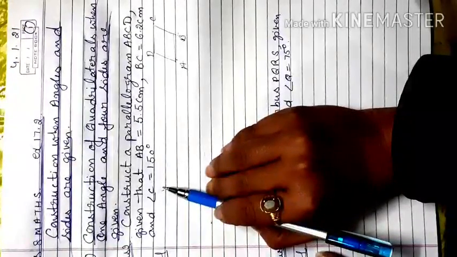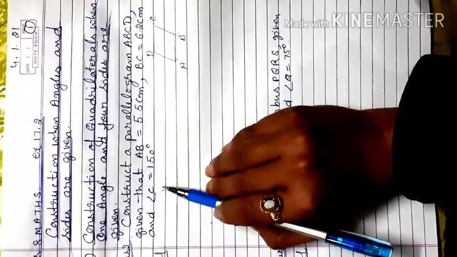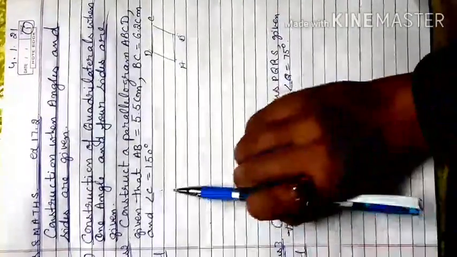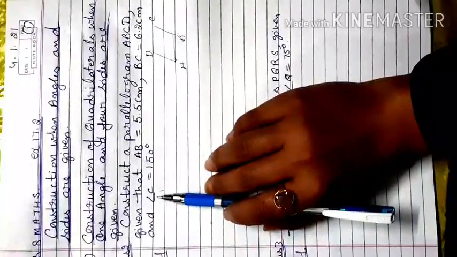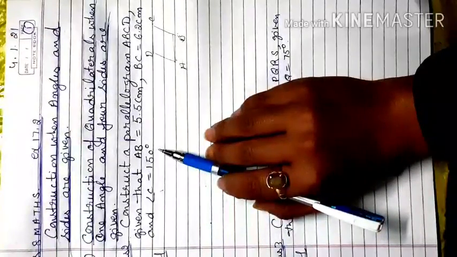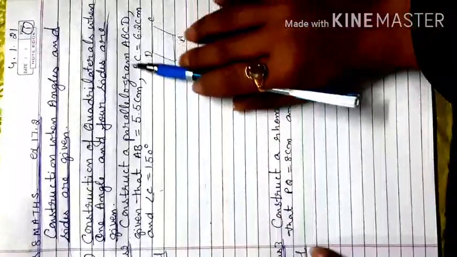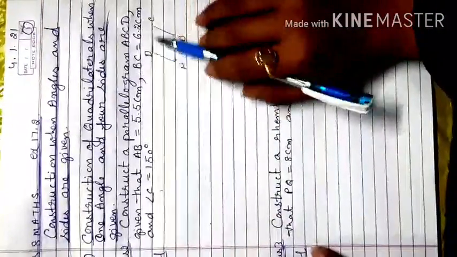First you have to choose that side in which the measurement of the angle is given. Here we have angle C given as 150 degree. So 150 degree is 30 degree more than 120 degree. That means you have to select BC as the base side.